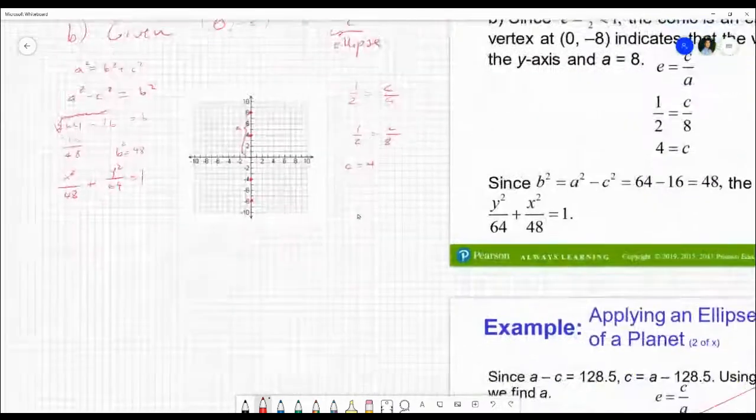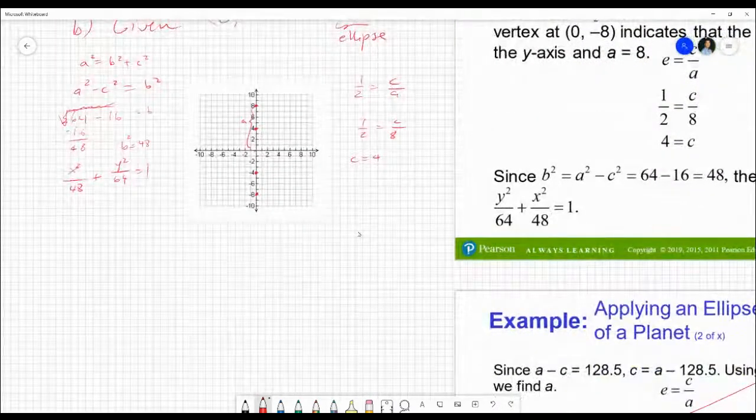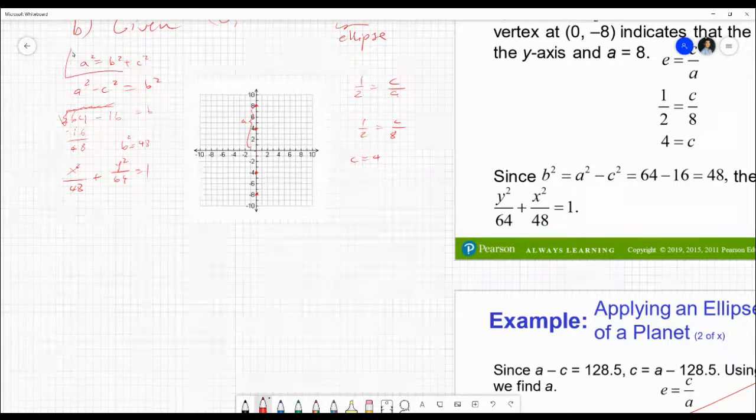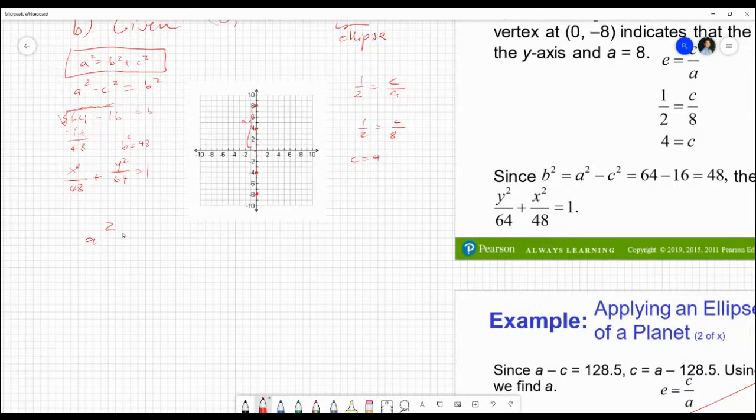Okay, so let's try to understand something. Remember that we have a relationship: A squared is equal to B squared plus C squared.